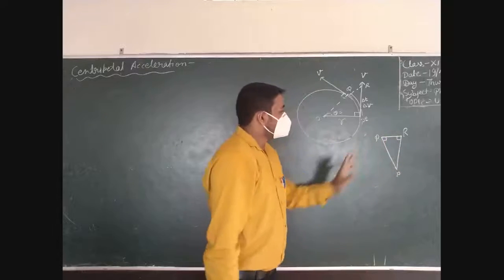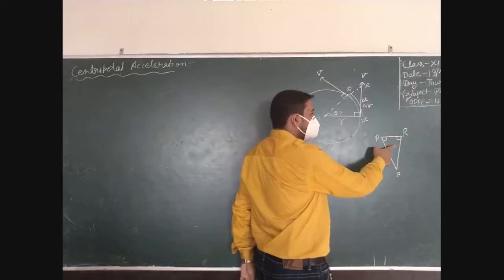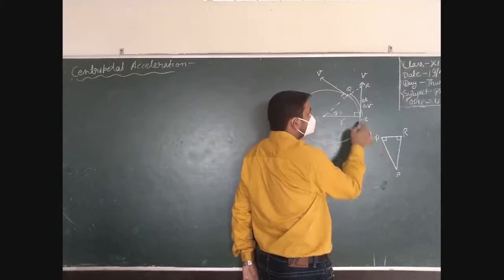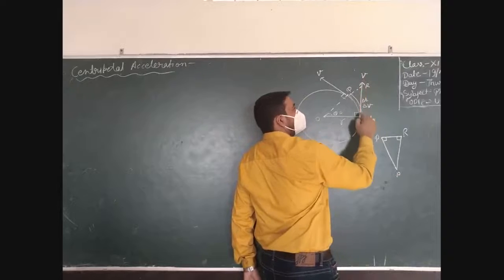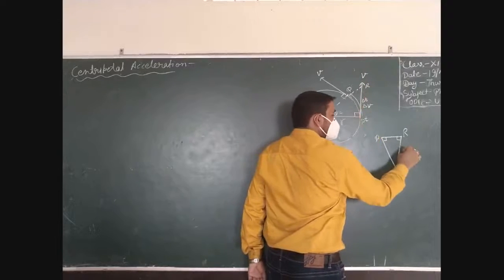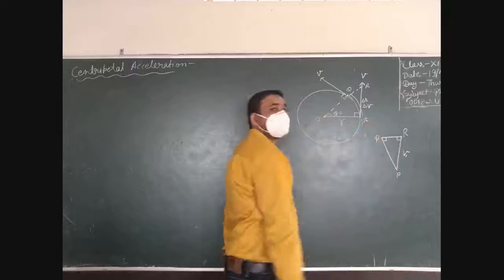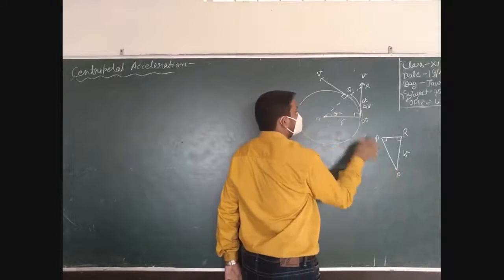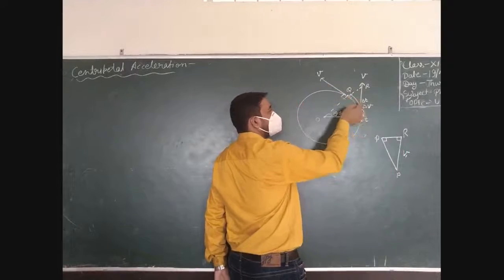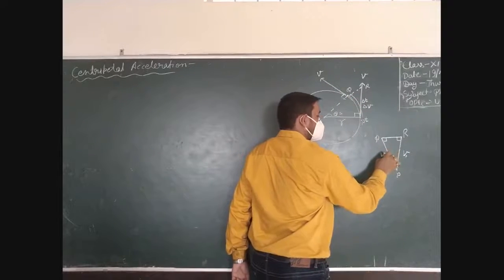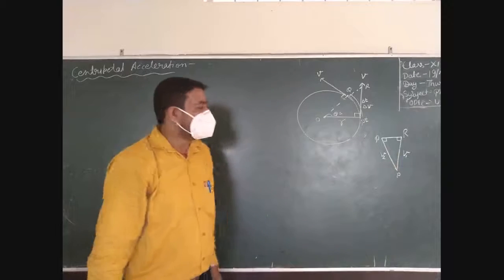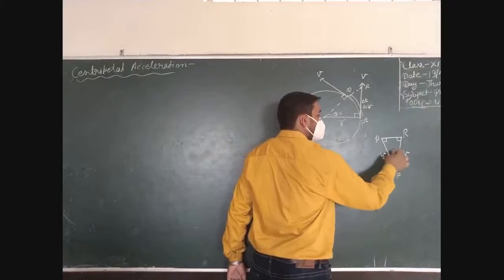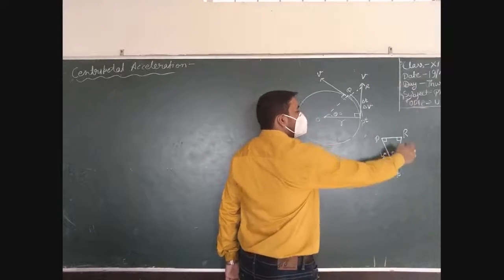Now we can say with the help of this figure that when we draw the tangent from P and extend it in the direction R, we get the initial value of velocity. When we draw the tangent to point Q, we get the other value of velocity, that is v2. It is observed that the angle between v1 and v2 is theta.